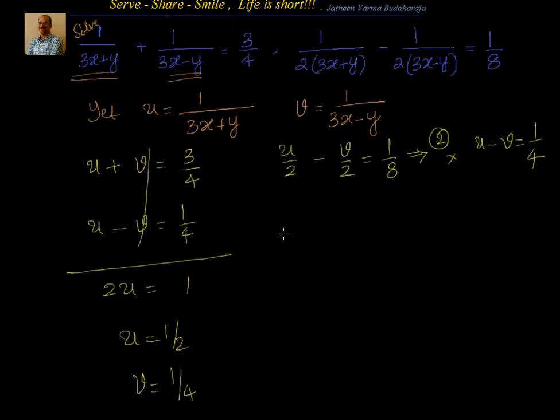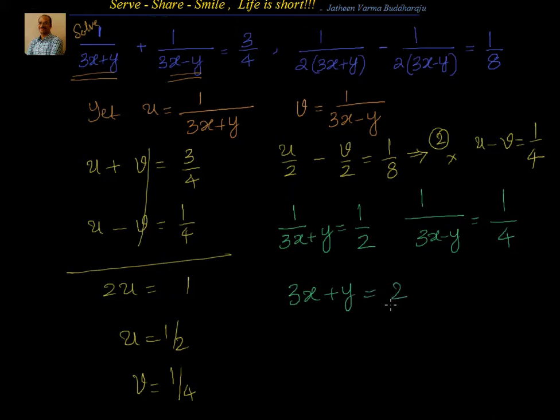Now, we know that 1/(3x+y), that is u, equals 1/2, and v, which is nothing but 1/(3x−y), equals 1/4. So we have again a pair of linear equations here, that is 3x + y = 2 and 3x − y = 4.